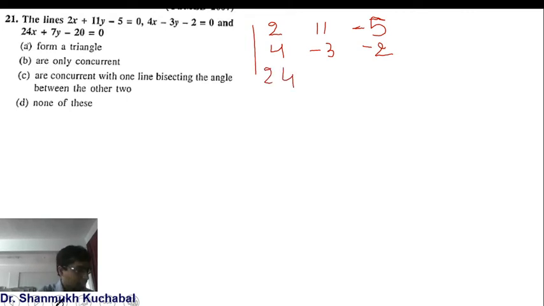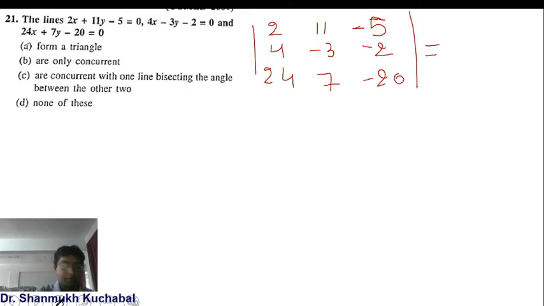So here we start with checking whether they are concurrent. Concurrent means the determinant value should be 0, so we verify. We take the x, y and constant coefficients: 2, 11, minus 5; 4, minus 3, minus 2; 24, 7, minus 20.